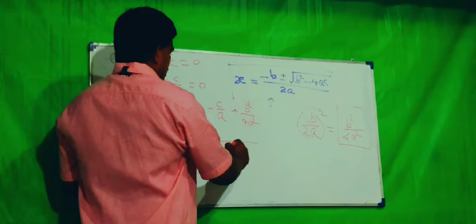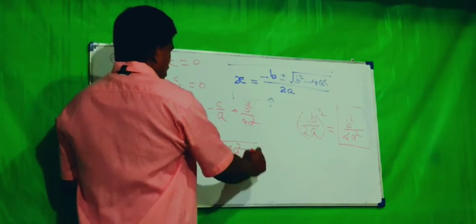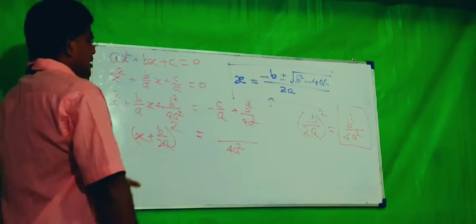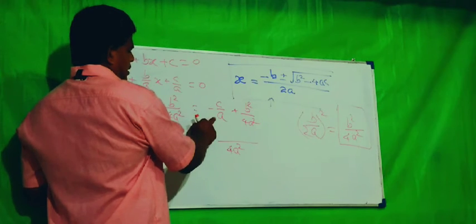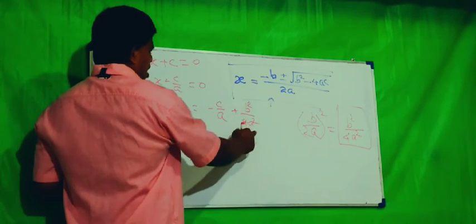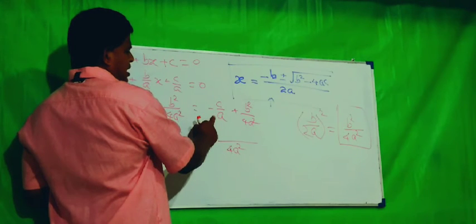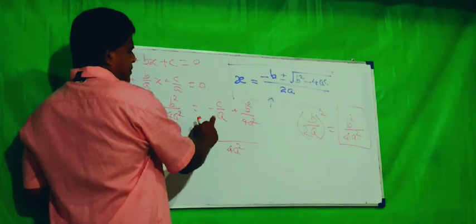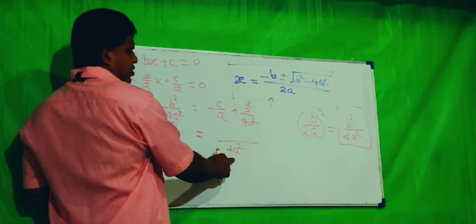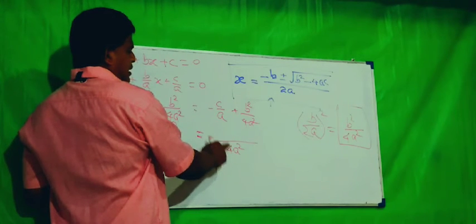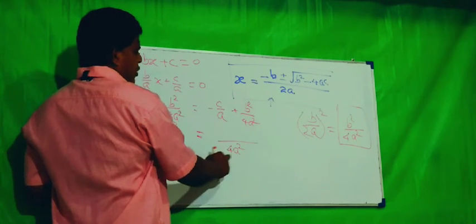Then both denominators are represented as 4a squared. The first denominator is actually a, and it becomes 4a squared. Then this is multiplied by 4a.